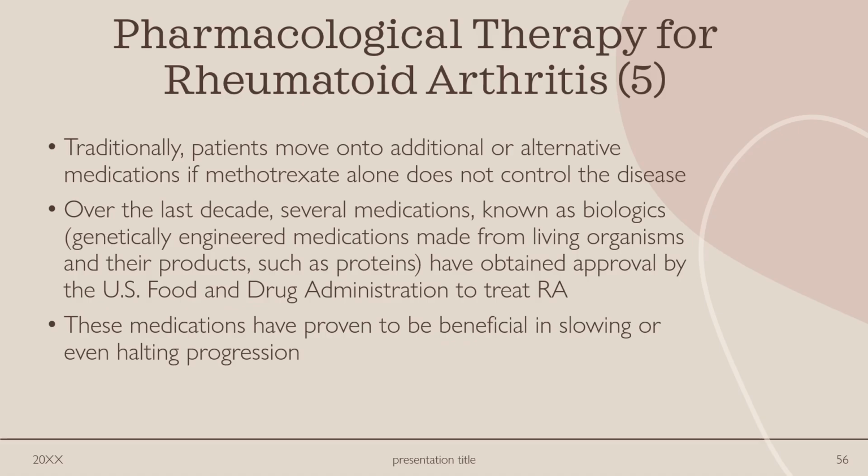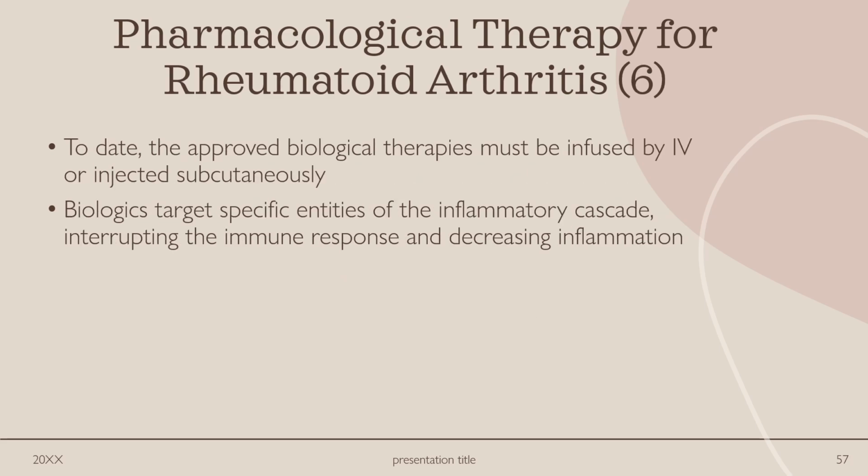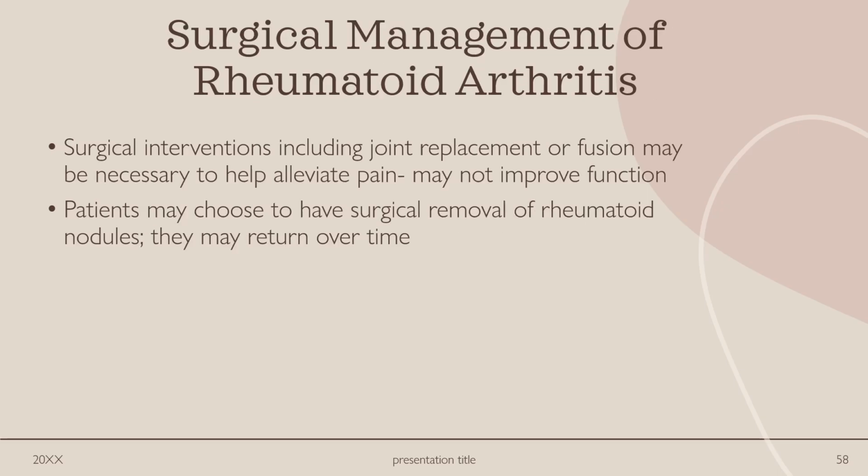These medications have proven to be beneficial in slowing or even halting, again, the disease progression. To date, the approved biological therapies must be infused by IV or injected subcutaneously. These biologics will target specific entities of the inflammatory cascade, interrupting the immune response and then decreasing the inflammation.